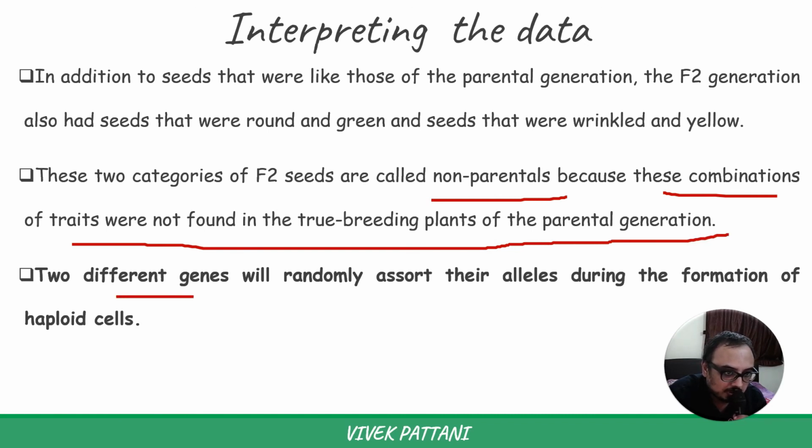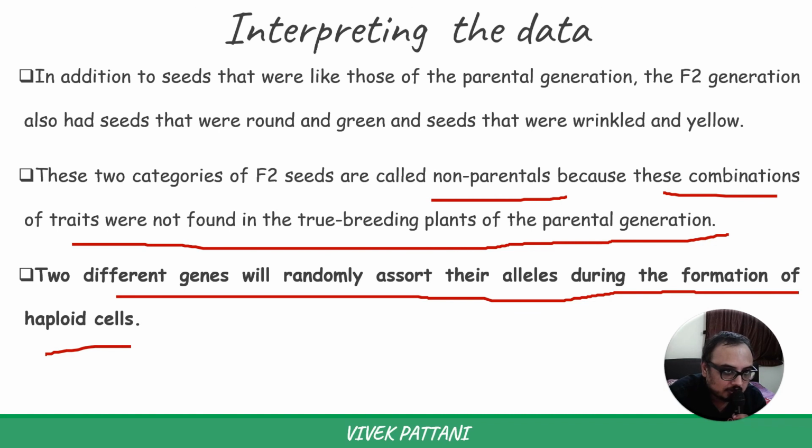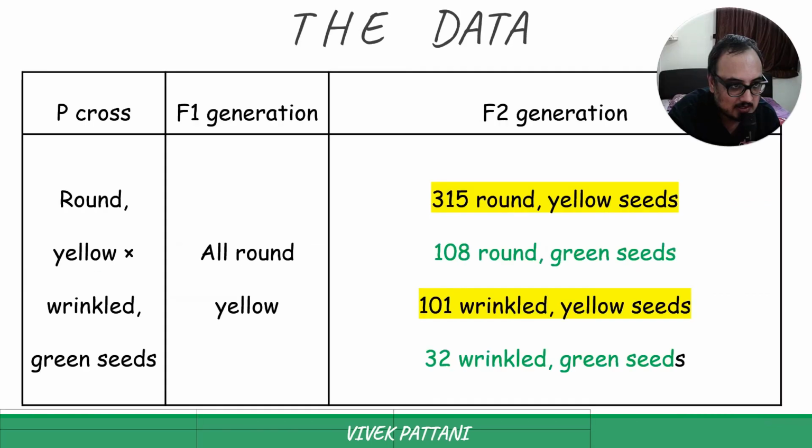Again, I am concluding that the two different genes will randomly assort their alleles during the formation of haploid cells.